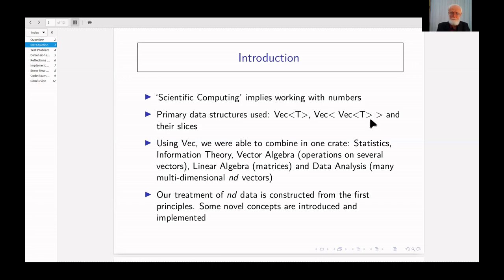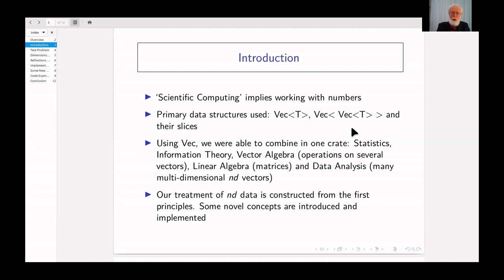Using this existing data structure, we were able to combine in one coherent crate statistics, information theory, vector algebra, which involves operations on several vectors, linear algebra, operations on matrices, and data analysis, which is my main interest here in this talk.